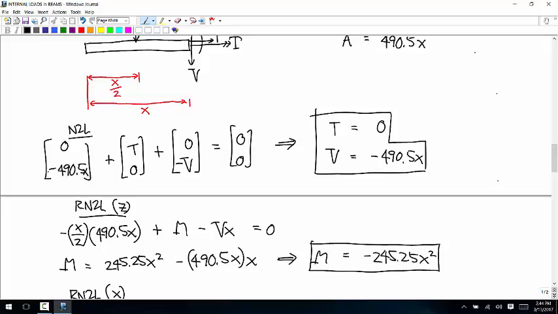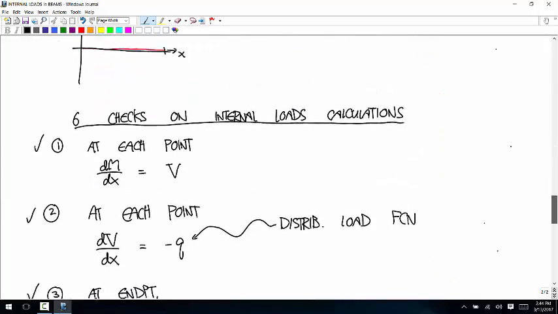And when X is equal to 2, V is non-zero, like we expected. So if you want to do those checks, you need to do the external loads. That's right, at the left end, X is equal to 0. So that one works.